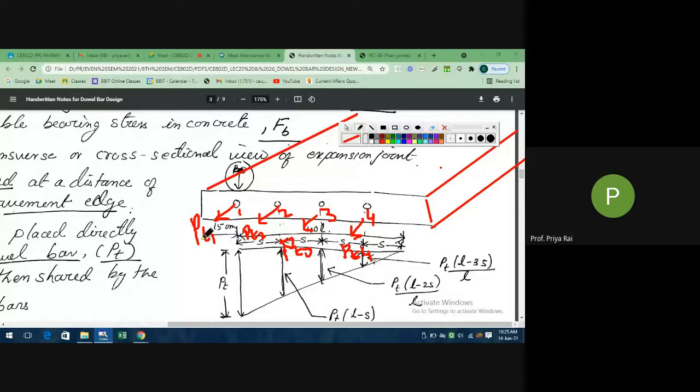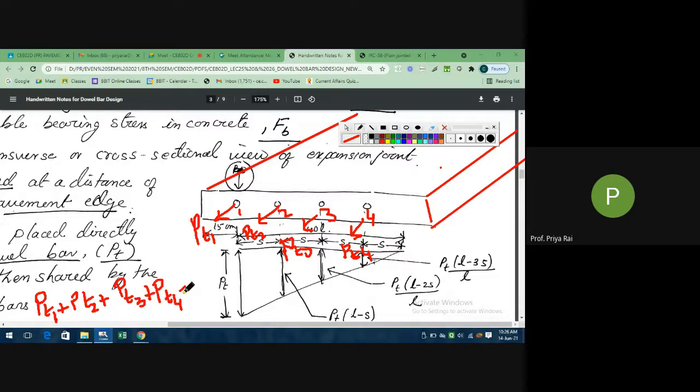Now tell me, PT1 plus PT2 plus PT3 plus PT4 equals how much? What will be the summation? Altogether, how much load do they have to transfer?